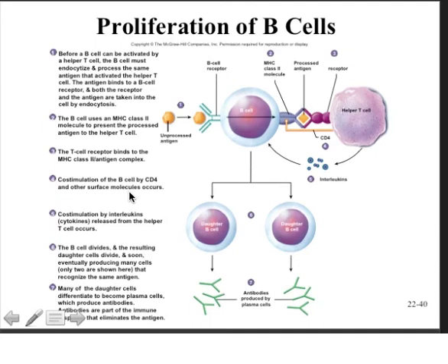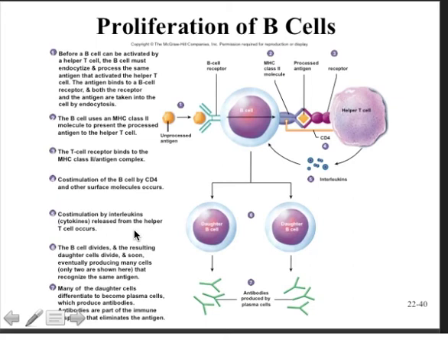Co-stimulation of the B cell by a CD4 surface cell protein and other surface molecules also occur. So you can see here again the helper T CD4 interacting with the MHC class II. Again, a way of sort of securing this chemical handshake. Co-stimulation by interleukins.